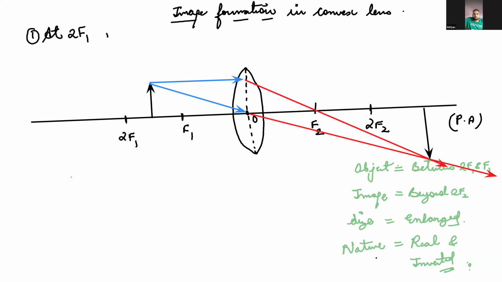Is it the same diagram you got? Ezekiel, Jahoan, Hannah? Mine came between F2 and 2F2. How can it be possible? I don't know, sir. Did you make perfect measurements?